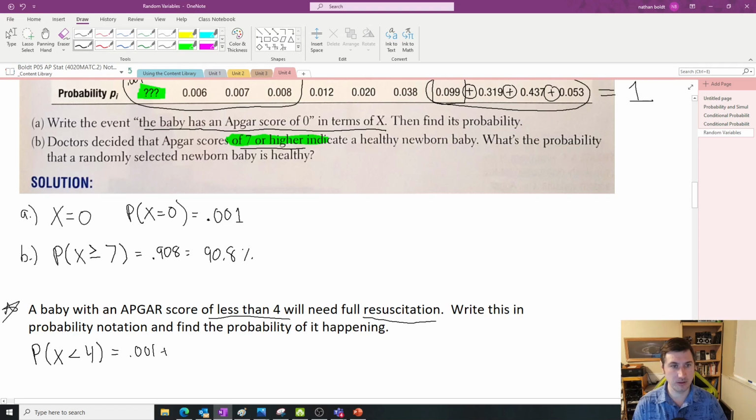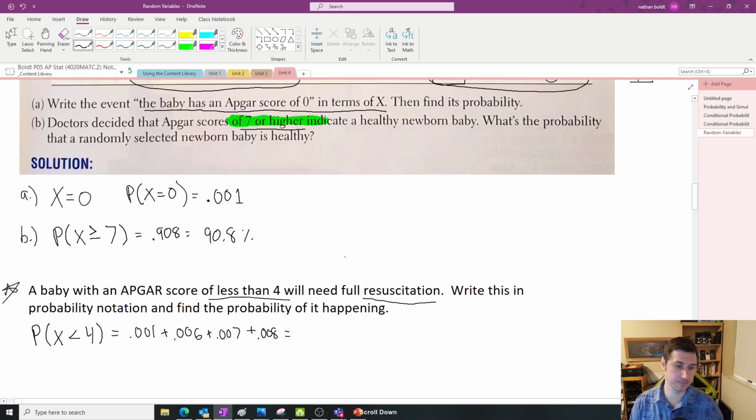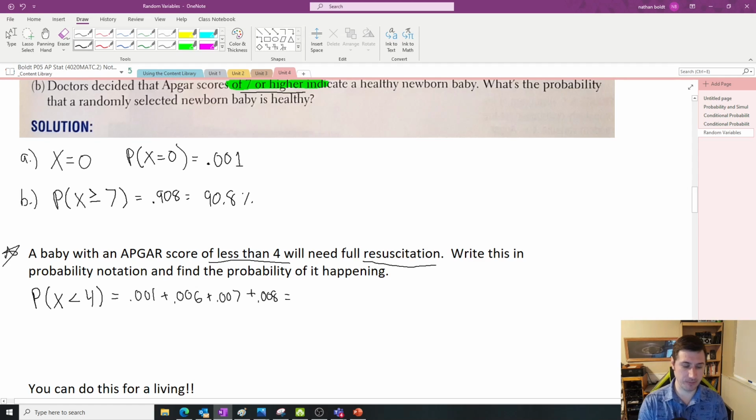Okay, so that will be 0.001 plus 0.006 plus 0.007 plus 0.008. All right, 3 or less. But that is also less than 4, essentially. 0.001 plus 0.006 plus 0.007 plus 0.008 is equal to 0.022.